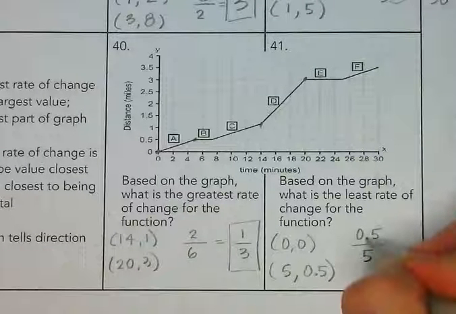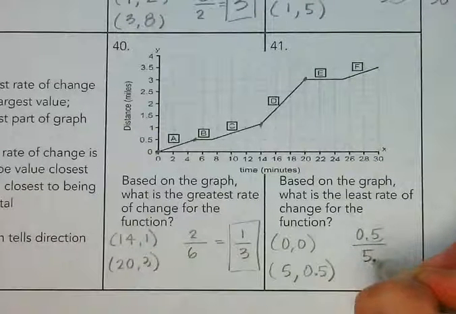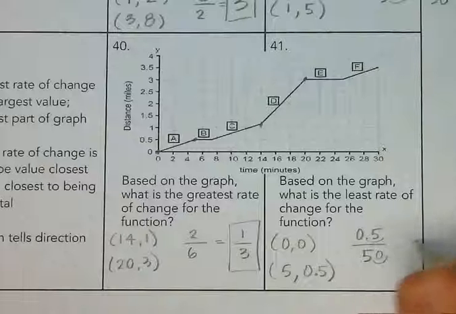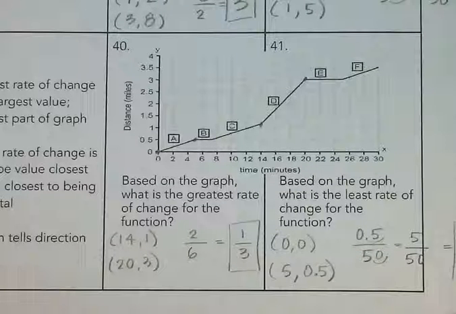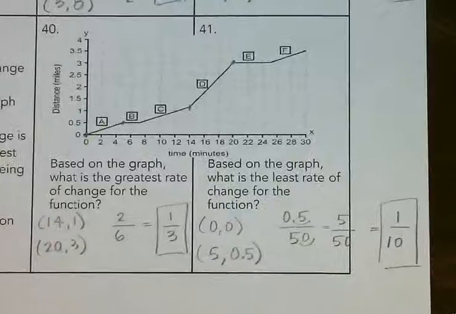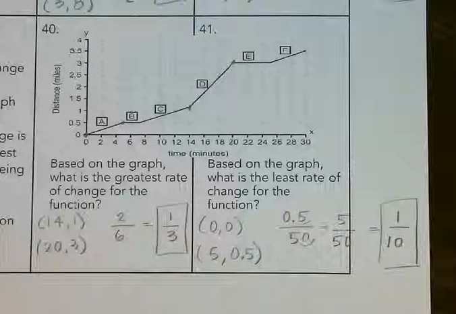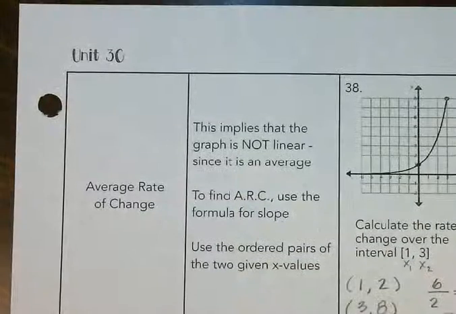And just like we did up there, if we move this over, then we're going to move this over. So that would be the same as 5 over 50, which would reduce to 1/10. So, except for the slope being 0, which is completely horizontal, that would be the lowest rate of change for that function. All right, that concludes Unit 3. Thank God.